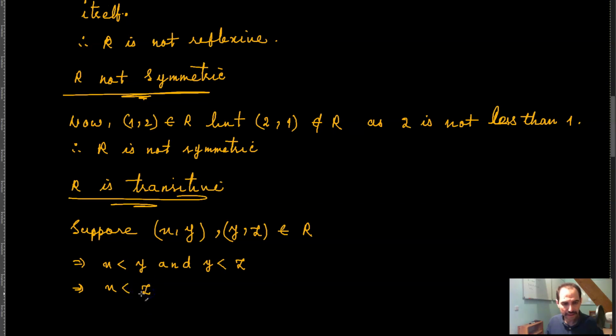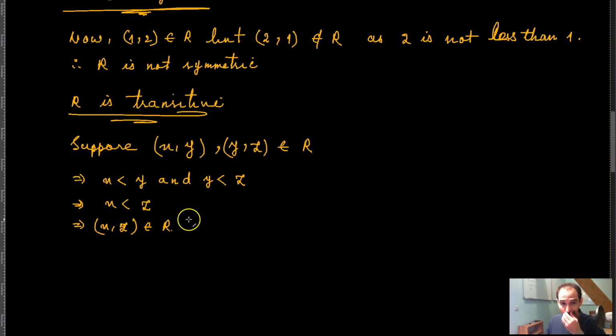So (x, z) belongs to R, which means that R is transitive. So that's another example.